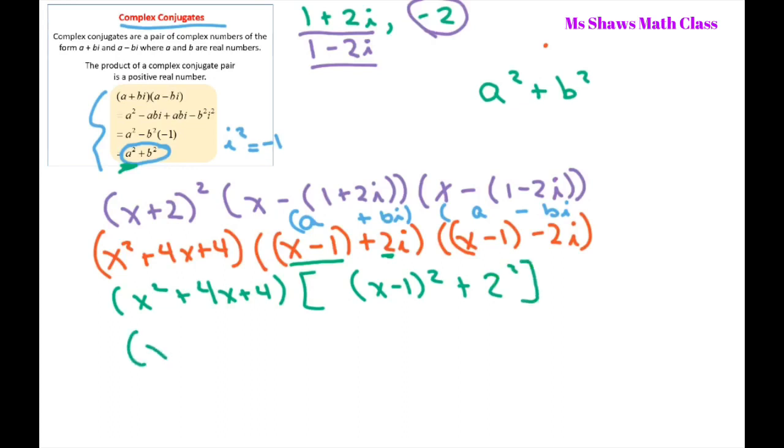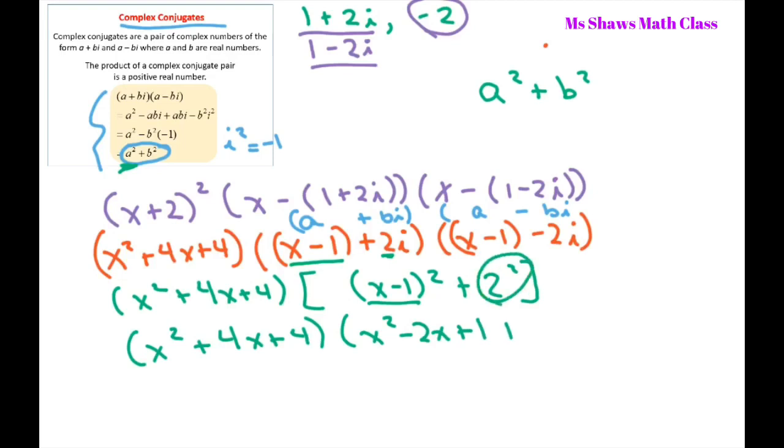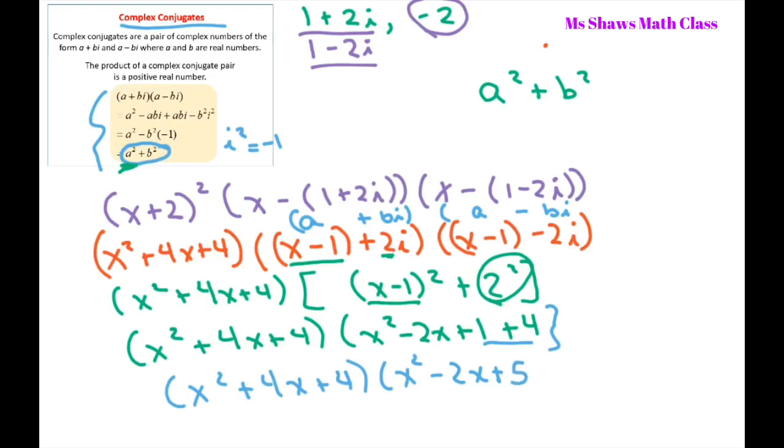So again, we're going to have x squared plus 4x plus 4. And this piece right here is x squared minus 2x plus 1. And then this equals 4. And this last step, you're going to add that up, and that's going to be a 5. So you get x squared plus 4x plus 4, and it's going to be x squared minus 2x plus 5.